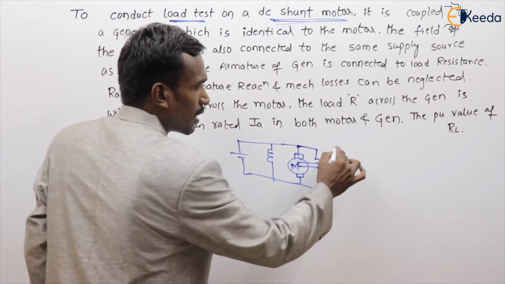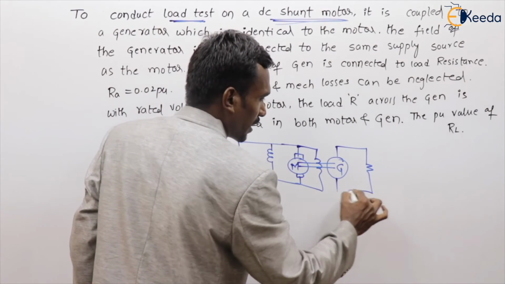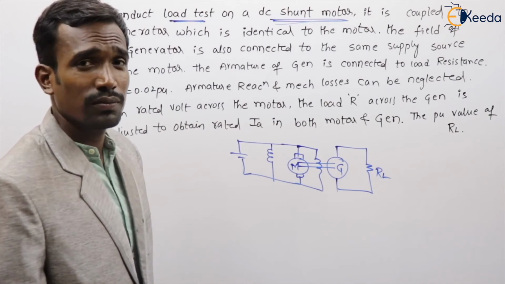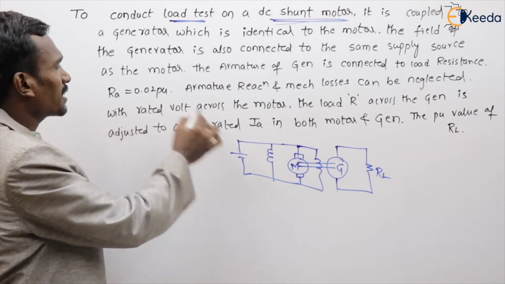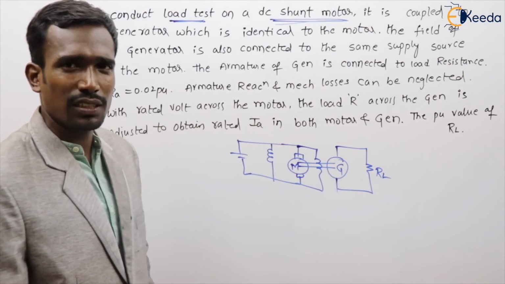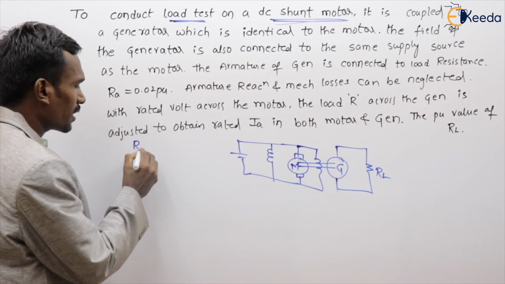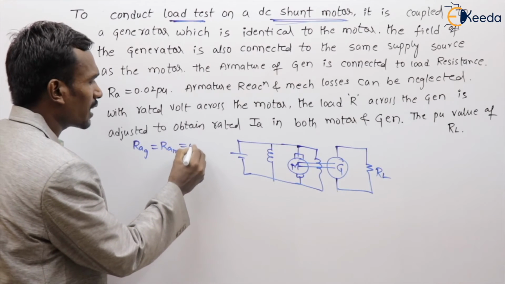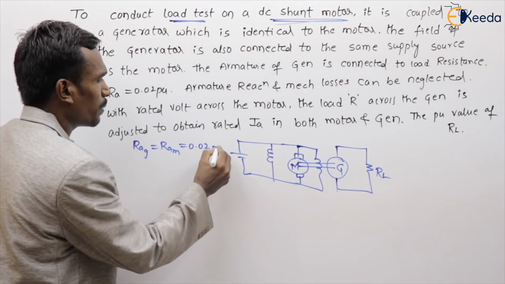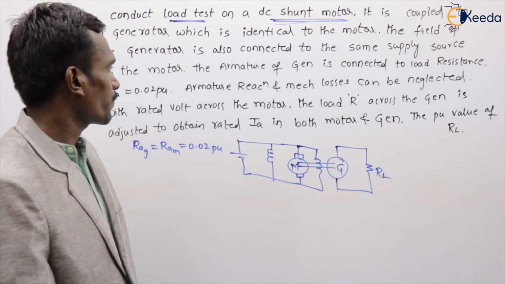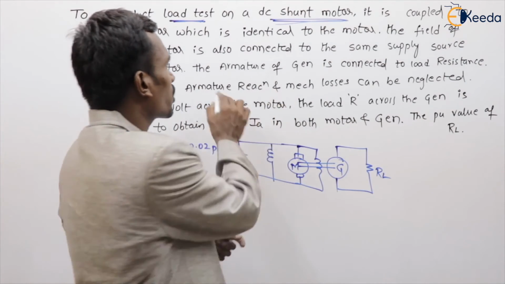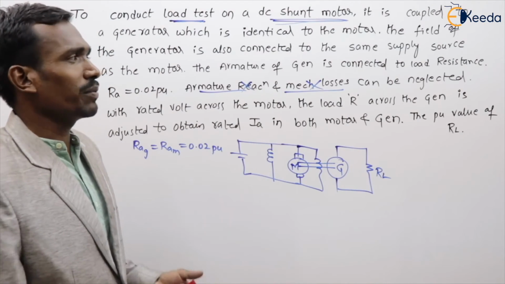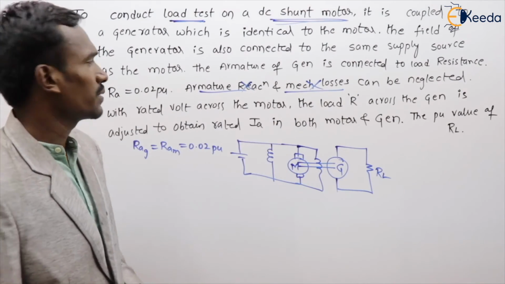The armature resistance is 0.02 per unit, that is the armature resistance of the generator and of the motor. Armature reaction and mechanical losses are neglected.